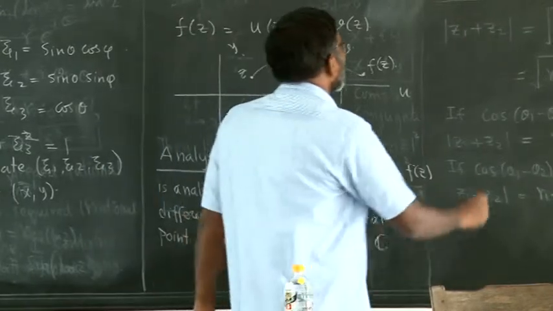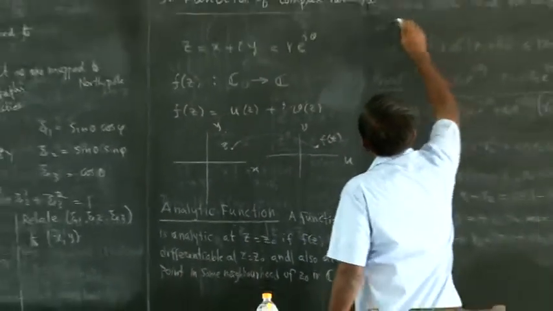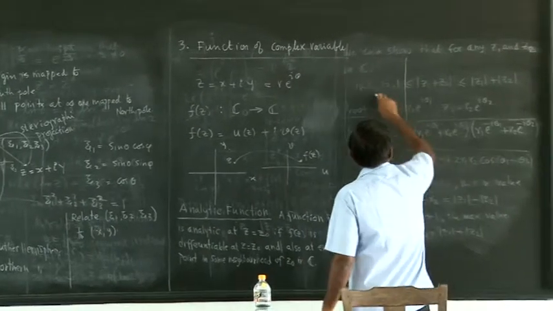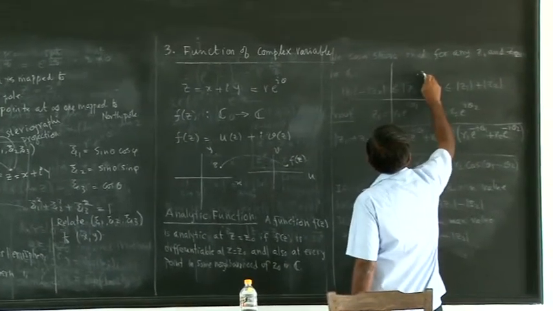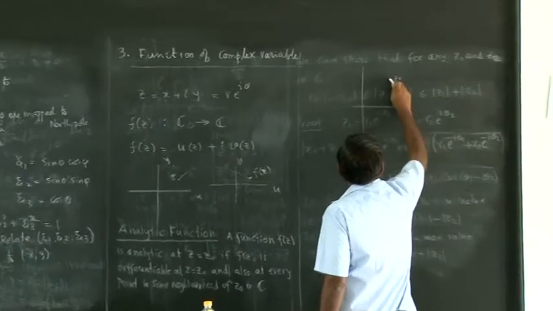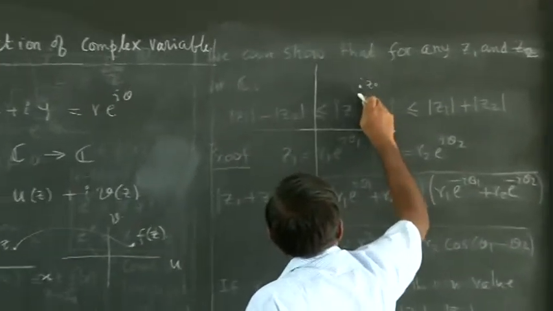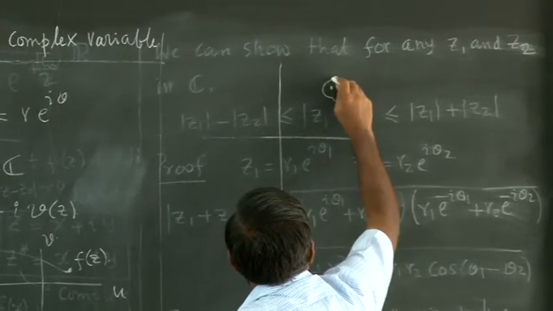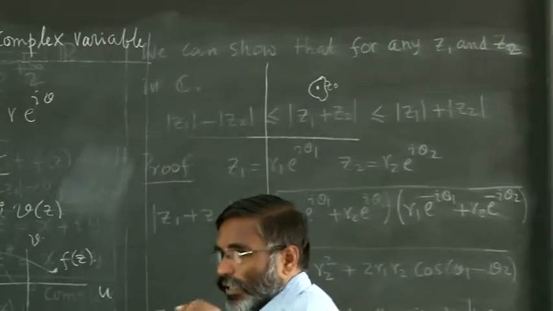Essentially what it means is that if you have a complex plane and this is a point z naught, then you must be able to have some region. It should not be that point alone.